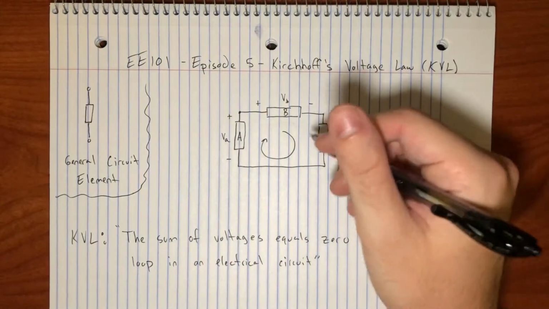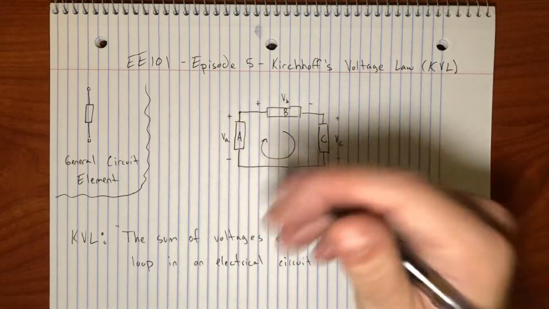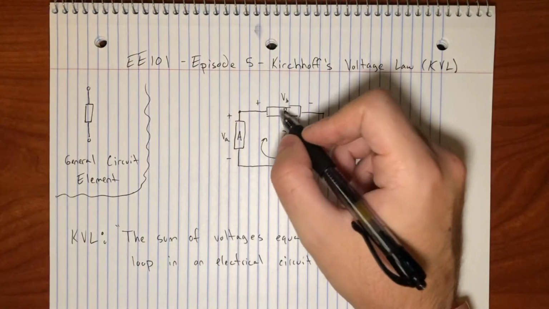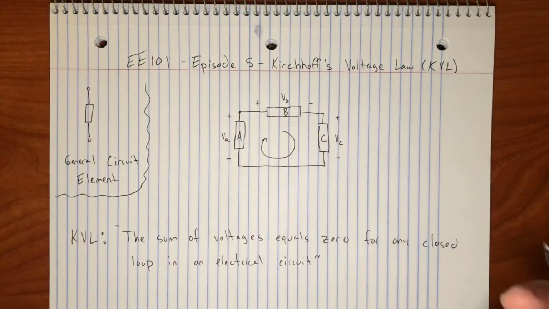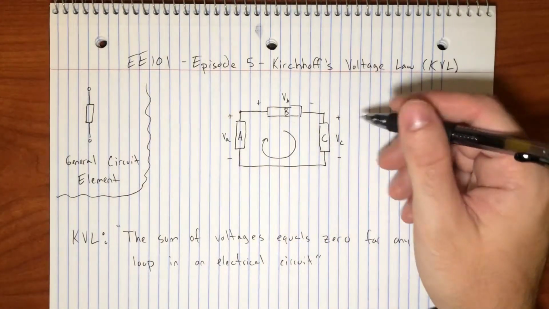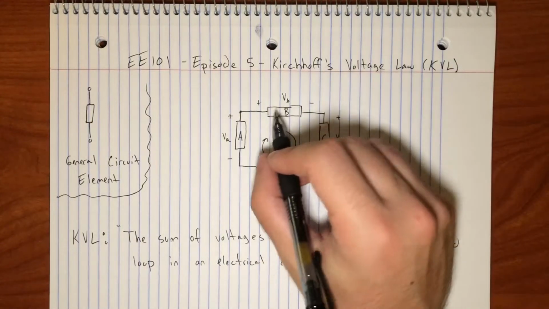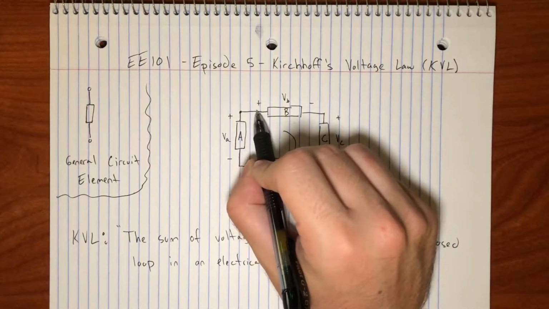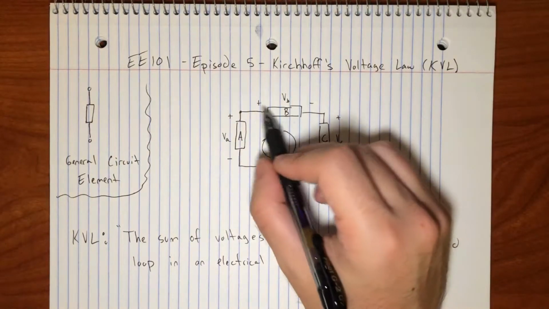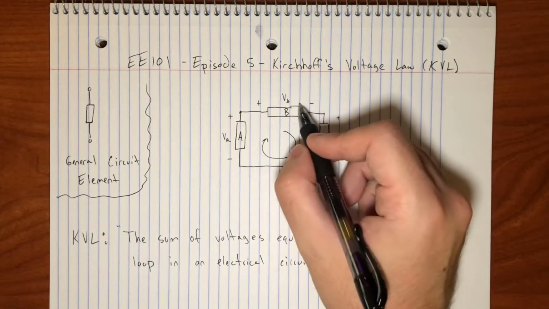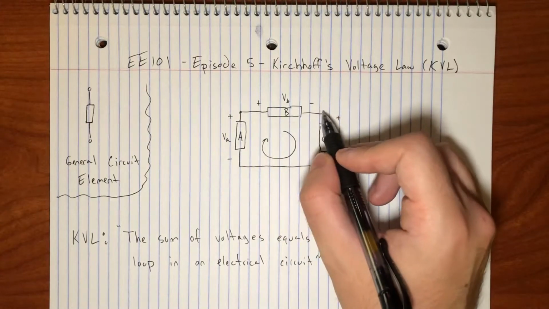And so you have to decide for yourself. As long as you're consistent, it won't matter, but you have to decide whether you're going to count that as a positive. In general, I think most people do this, so I'm just going to go ahead and do it this way. I count this as a positive. So when I move from this positive terminal to this negative terminal, I'm going to account for this voltage as a positive voltage, right? So VB in this case would be a positive voltage.